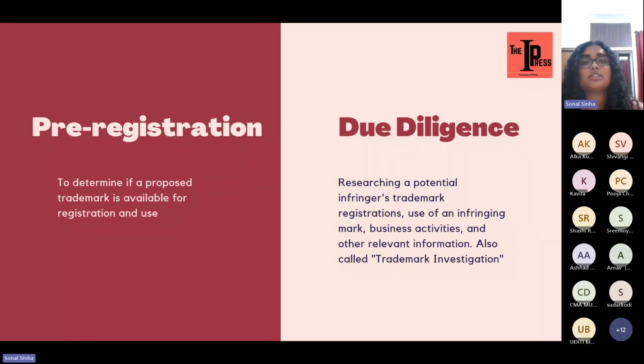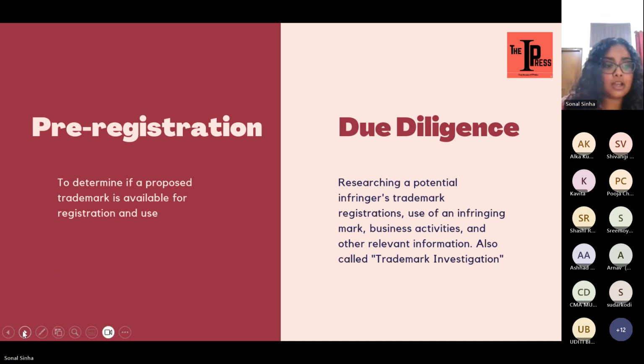So you also conduct a search then, but that is called due diligence, because you're trying to determine whether this other person or entity is actually using an infringing mark, and if they are using it, to what extent. So that is due diligence. And trademark search is done pre-registration to ascertain if the mark is available to register and use. I hope that is clear.